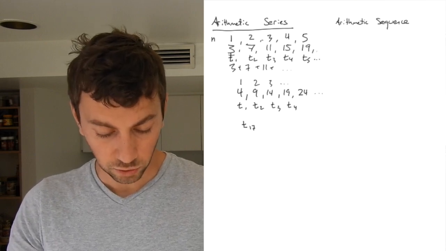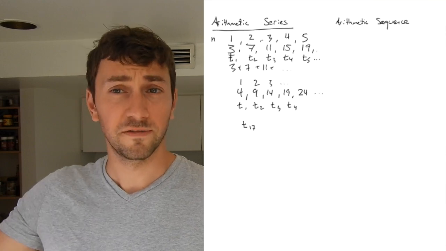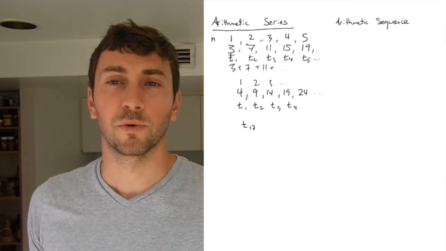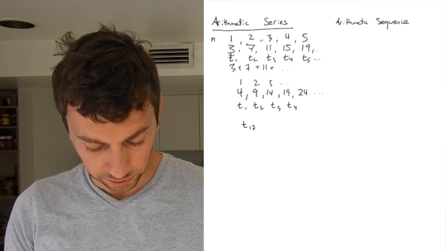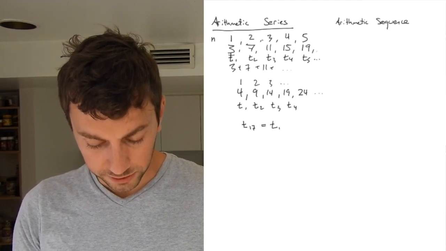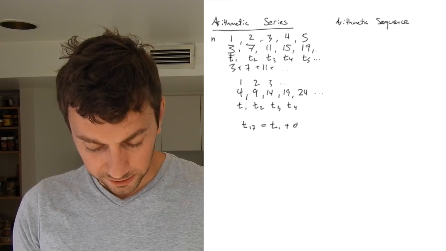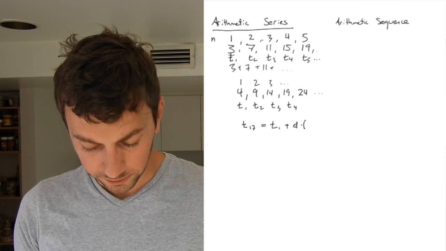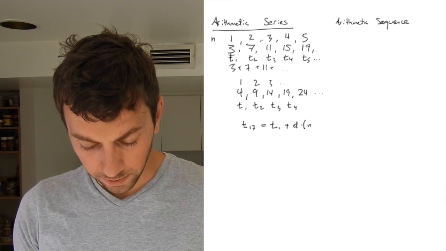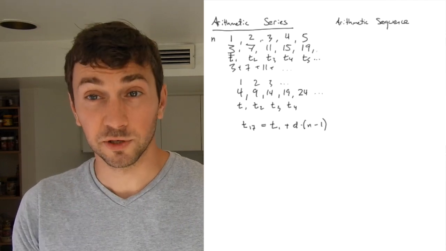And so I could go along and add 5. So 1, 2, 3, 4, 5, 6, 7, up until the 17th one. But there's actually a formula which we can use, which is very helpful. So T1 plus D times n minus 1. So D is the difference between each one.